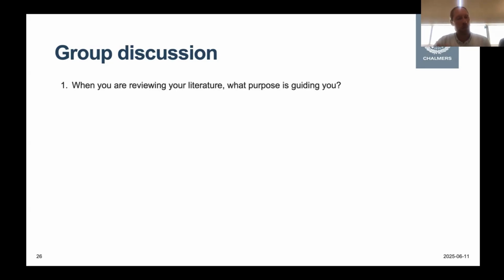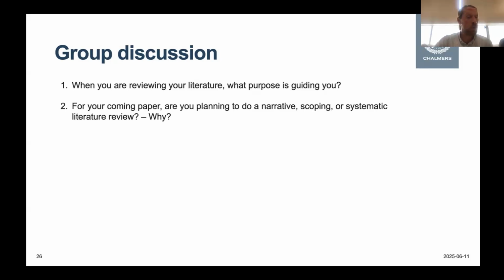So one is, when you are reviewing your literature, what purpose is guiding you? And for your coming paper, are you planning to do a narrative, a scoping, or a systematic literature review? And why? Many times people are planning to do a systematic literature review, but what they really want is to make a broad assessment of the topic.